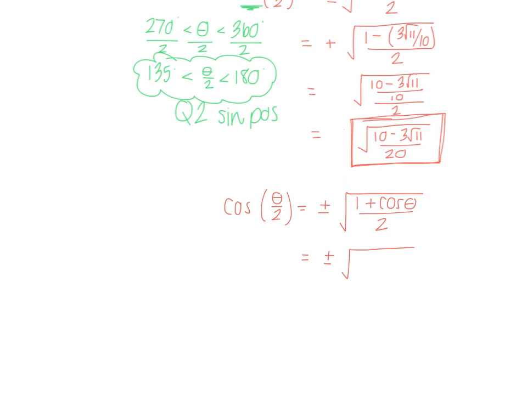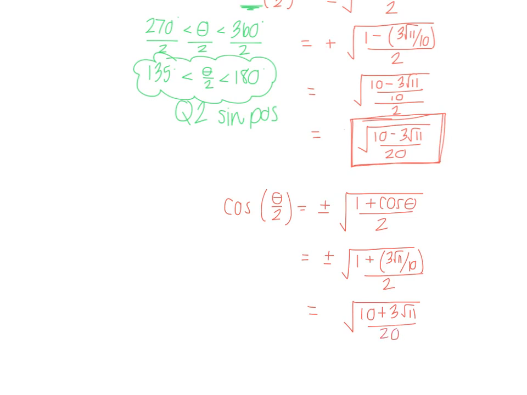Again, I'm going to leave the plus or minus till the very end. I'm now adding the cosine, which is 3 root 11 over 10. All that's over 2. I'm going to jump a couple steps. Hopefully we can figure out that this would be 10 plus 3 root 11 over 20.